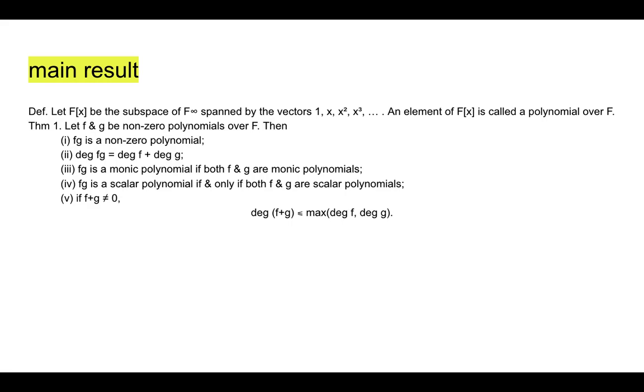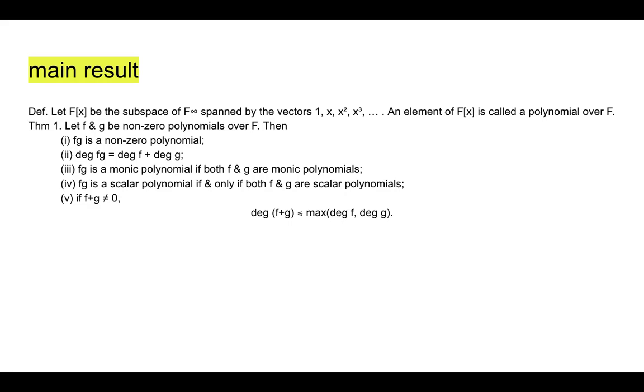Here we come to our main result. Let F[x] be the subspace of F infinity spanned by the vectors 1, x, x squared, x cubed, and so on. That is all the non-negative powers of x. An element of F[x] is called a polynomial over F. Now, let f and g be non-zero polynomials over F. Then, we have 5 different consequences. First, fg is also a non-zero polynomial.